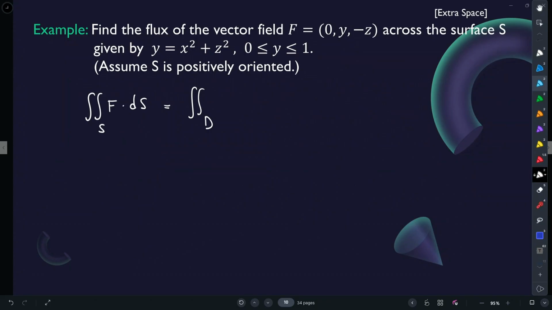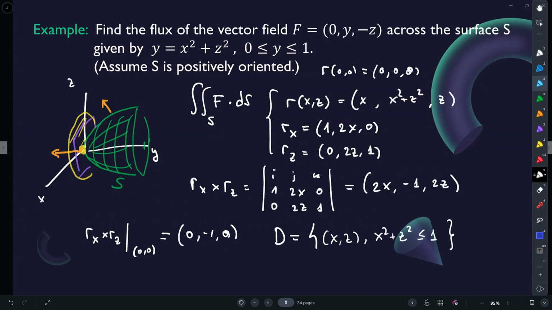So I need F evaluated at my parameterization. My parameterization, remember, is the parameterization over here. So when I evaluate F at this thing, maybe I can put it here so we see what it is. F evaluated at R at the parameterization is going to be 0.